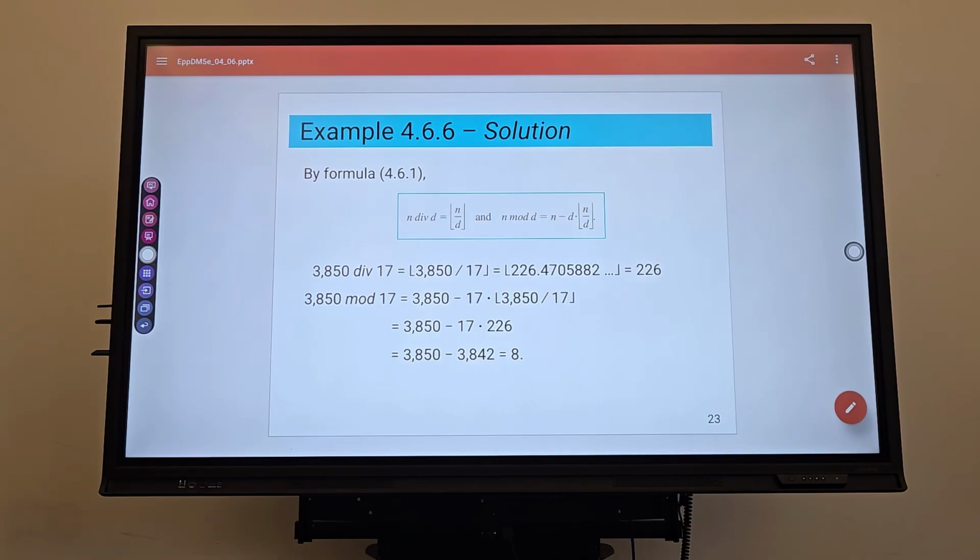By formula 461, n div d equals the floor of n divided by d, which in this case equals 226. n mod d equals n minus d times the floor of n divided by d. So 3850 minus 17 times 226 equals 8.